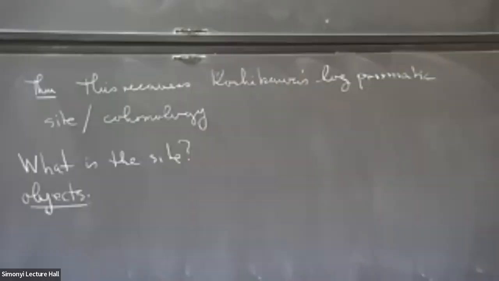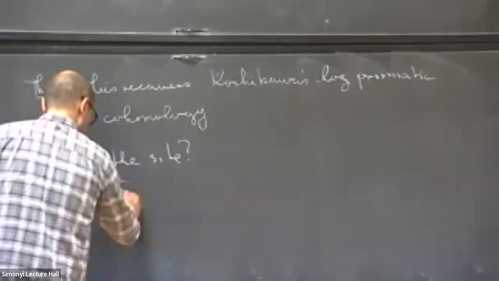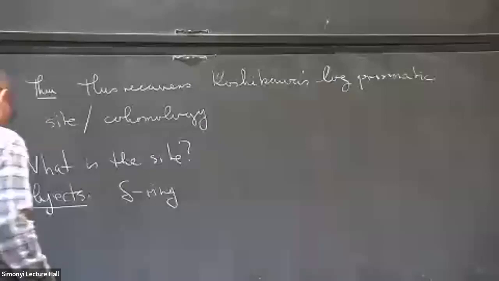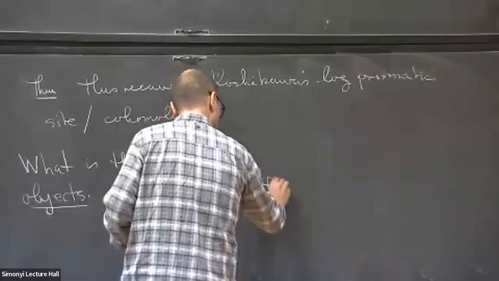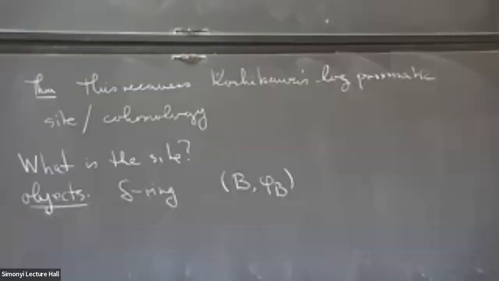So, the objects, if you copy down the definition, it should be a delta ring, which is, think of it as a ring plus a lift of Frobenius satisfying some conditions.